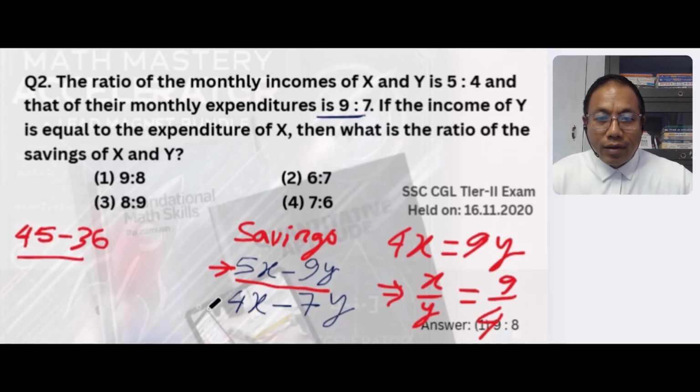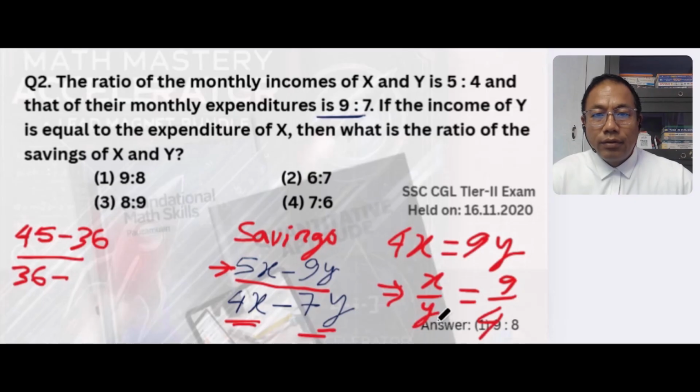By 4x, 4x is 36, minus 7y, 7y is 7 fours, 28. The answer is 15 minus 6 is 9.